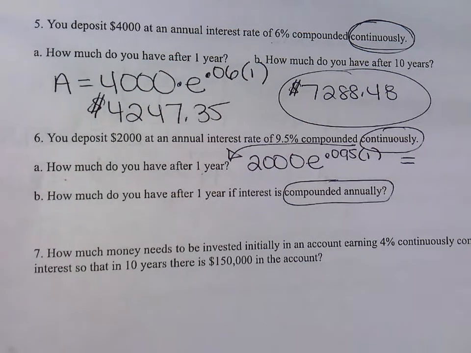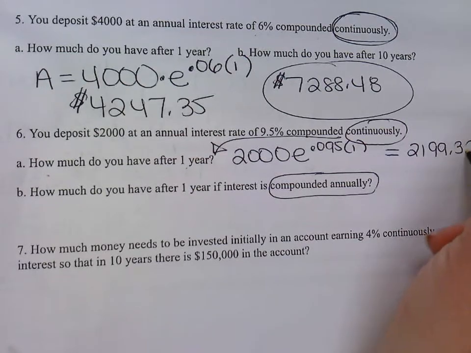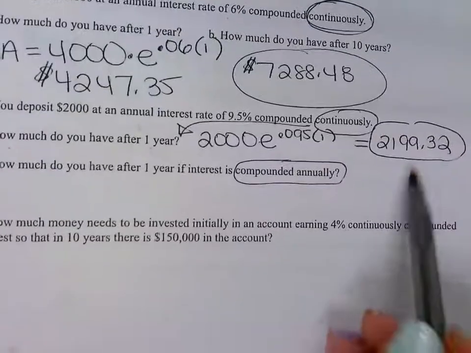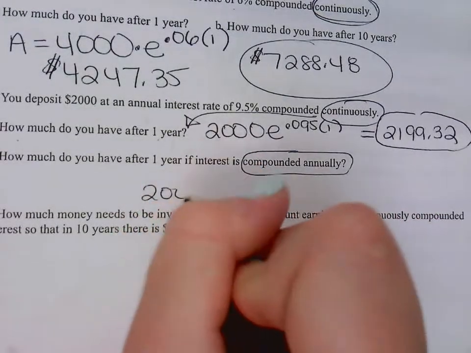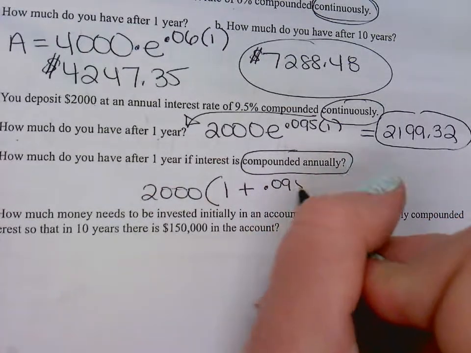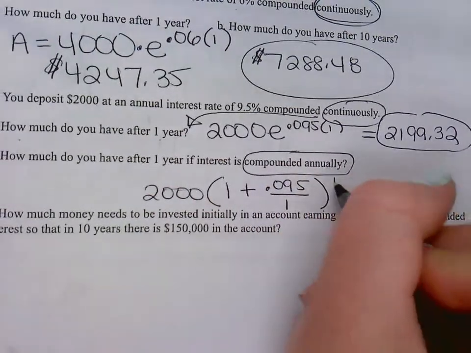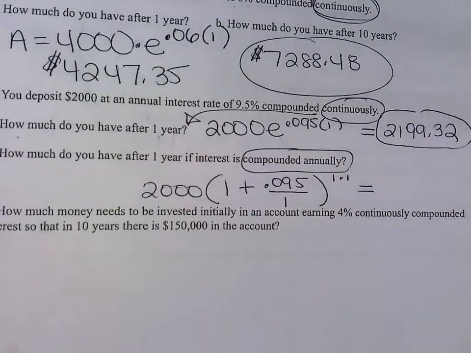So I got for the first one $2,199.32. That was my continuous interest. Annually is going to be right up there. 2,000 times 1 plus, we're still doing the 0.095 divided by 1. And then we've got 1 compound times 1 year. So how many dollars are we off by?